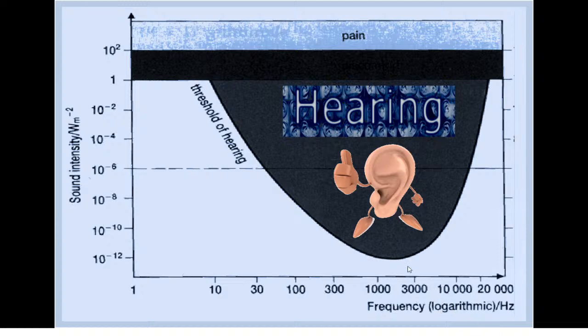And you can see how strong this dependence is. For sounds near 3000 Hz, it is the lowest, 10 to the power minus 12. And to the right and to the left of this 3000 Hz, intensity should be much greater to be heard.